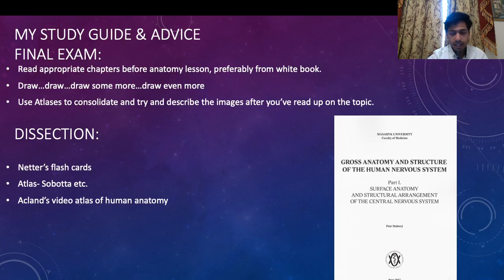And then for dissection, you have the conventional flashcards and atlases, but my one plug would be Acland's Video Atlas, because it's a really good tool, purely because it makes cadaveric dissection and identification of structures very easy.